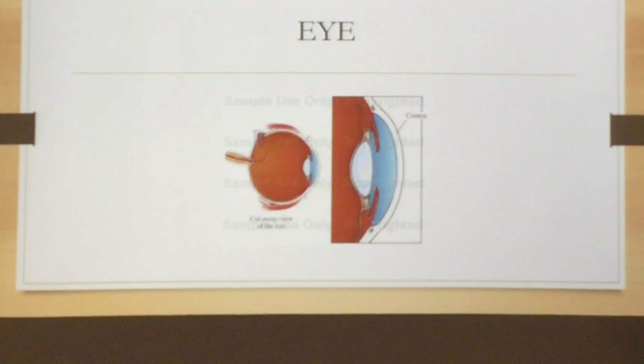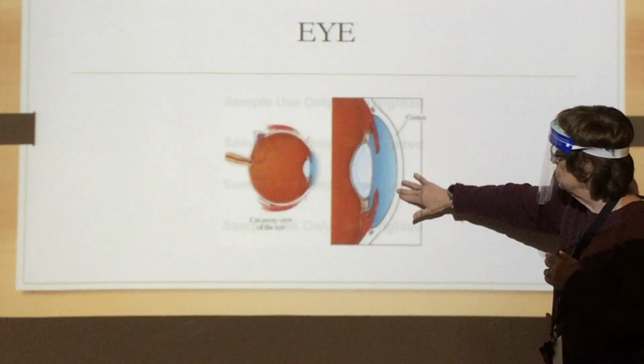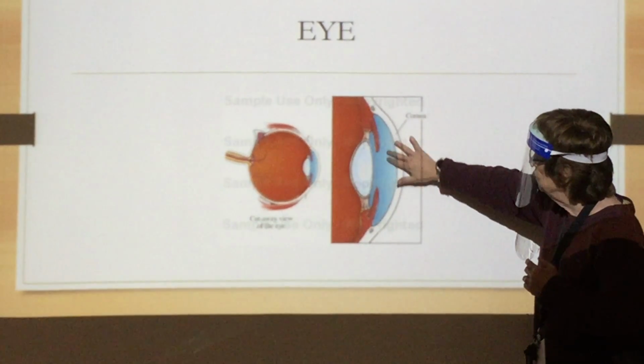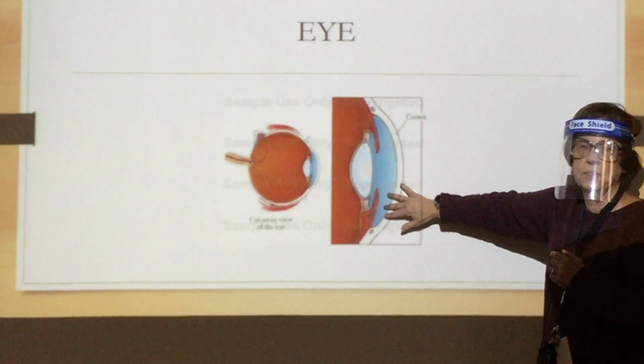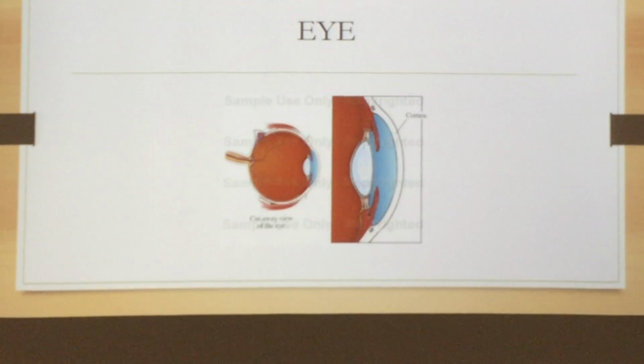So the light comes in, passes through the cornea, passes through the anterior chamber, which has this aqueous humor. Now, the aqueous humor actually is exchanged over time. And so you can injure your cornea and lose the aqueous humor and still maintain your eyesight.